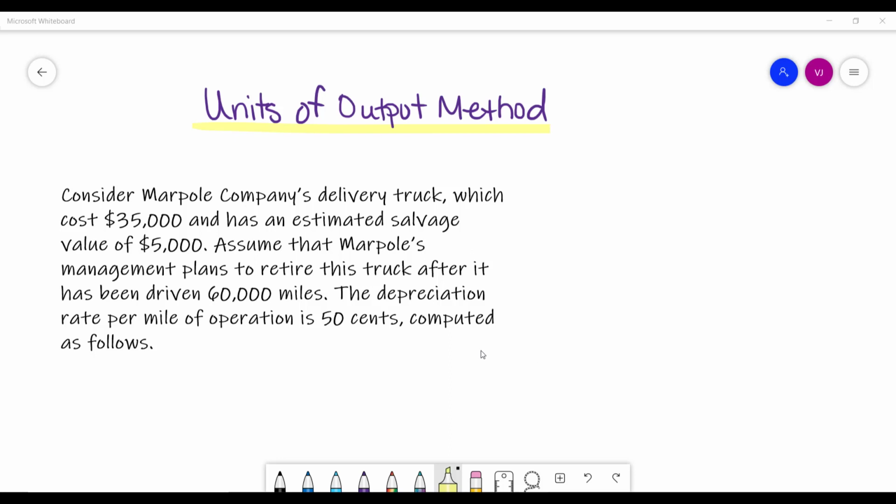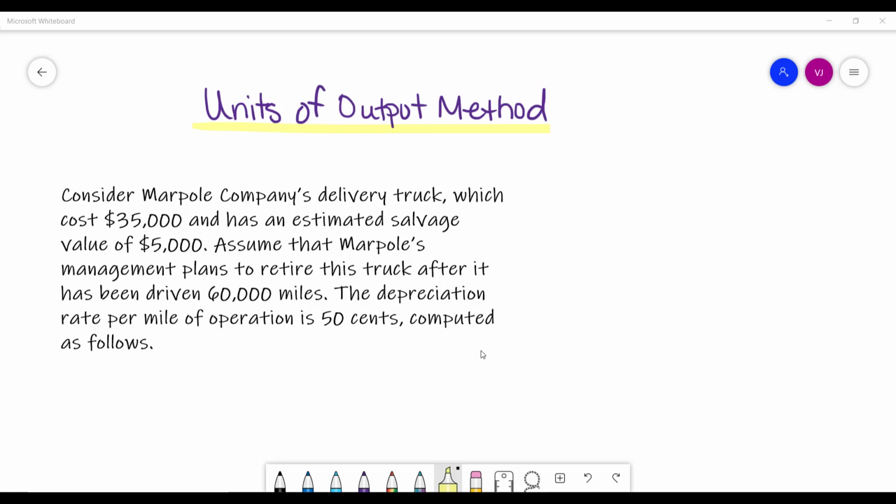In this video, we're going to look at how to use the units of output method of depreciation. With this method, depreciation is based on a certain level of output. This is a little bit different than the other methods that are based on the passage of time. This is strictly based on how much output there is versus how much time has passed.